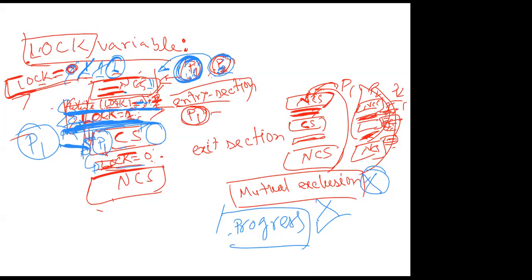So it is said that progress is satisfied by these lock variables. But in some cases it may not be, because after the lock value is set, before the critical section, if a process got preempted, no process is currently in the critical section, yet process P2 is trying to enter.